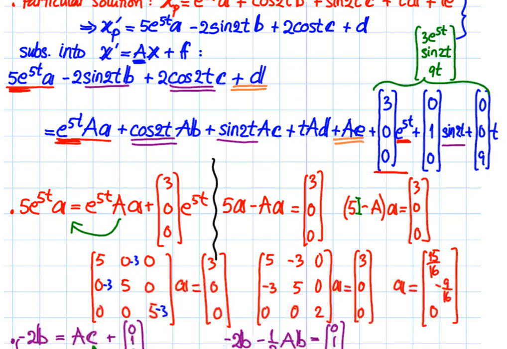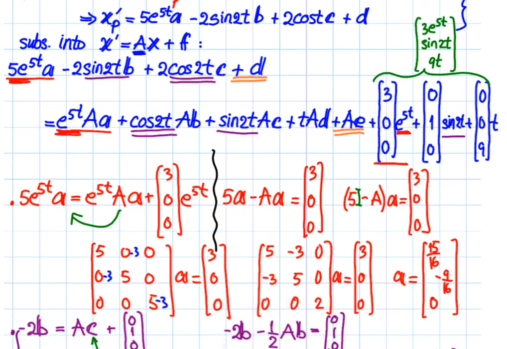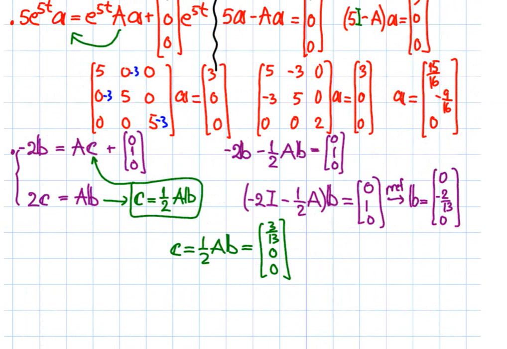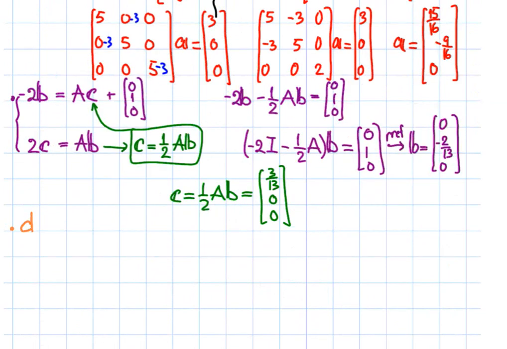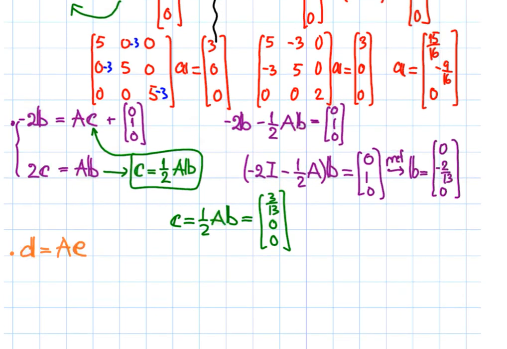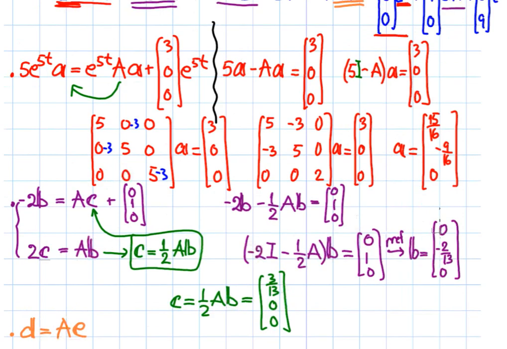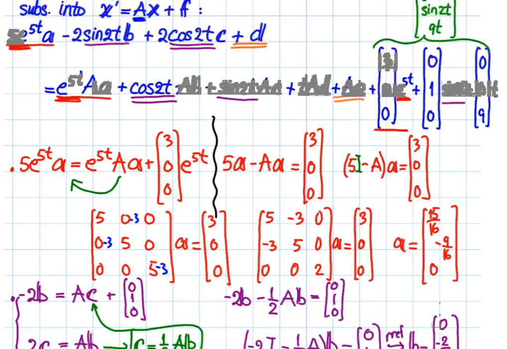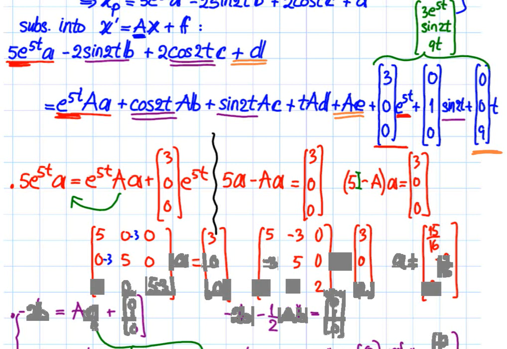That's the constant. So we have D equal to AE. We don't know what that is yet. But we also know that on this side we have the 0t, and on the right hand side we do not have any.